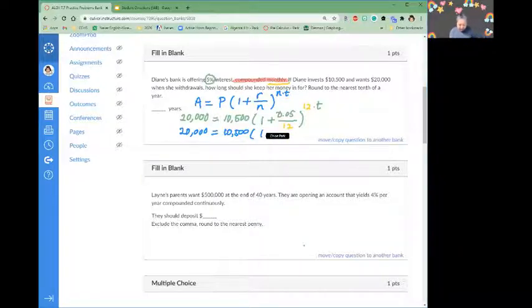If you divide 0.05 by 12, it's 0.00416, and then it's going to be 12 times t in there.